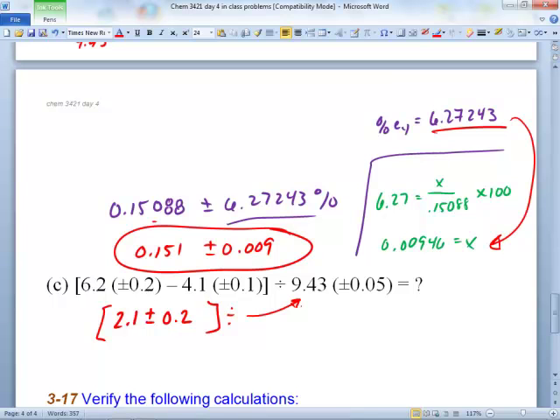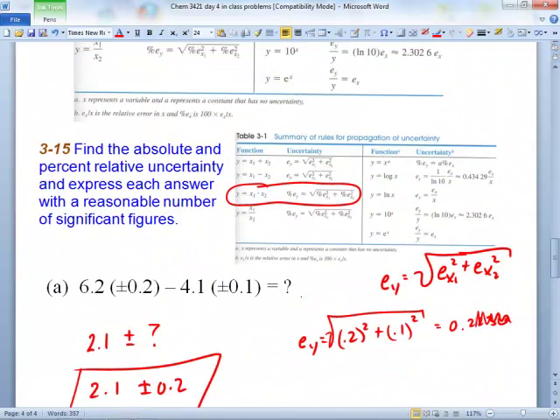Yeah, we're dividing, so what did that table say? Yeah, same error equation. You're squaring the relative uncertainties and summing them up.